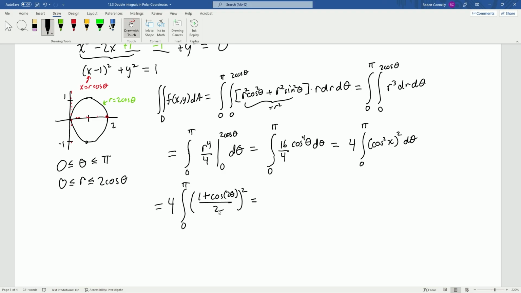Now, 2 squared in the denominator is going to give me 4. 4 over 4 cancels. So this becomes the integral from 0 to pi of this numerator squared, which is 1 plus 2 cosine of 2 theta plus cosine squared of 2 theta.